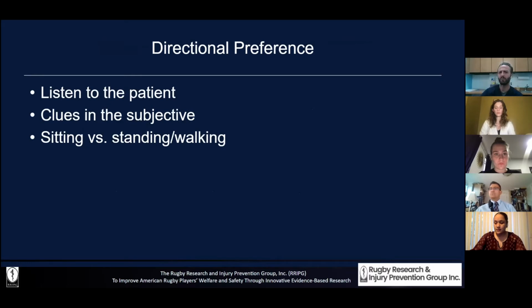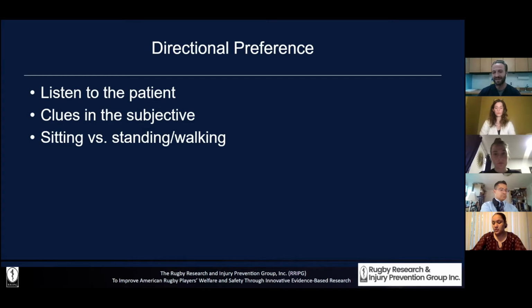Basically, how it starts, the first clues to figuring out does this patient have a directional preference, does their back have a direction that it wants to be moved, really starts out on day one during my initial examination by just listening to the patient, right? The clues are all in the subjective. The patient has all of the answers. We just have to listen for them.